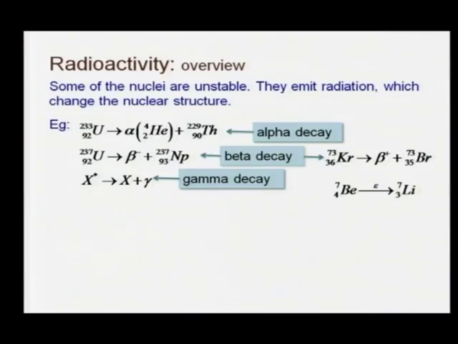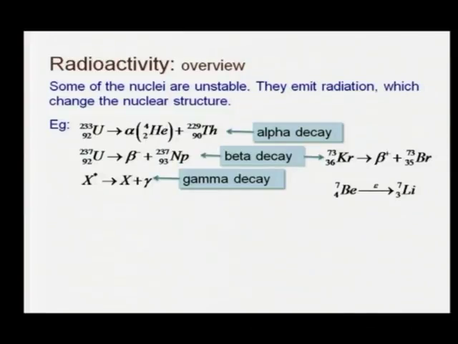Say for example, if you take beryllium with 4 protons and mass number 7, which means 4 protons and 3 neutrons in the nucleus, it has 4 electrons moving around the nucleus in the beryllium atom.